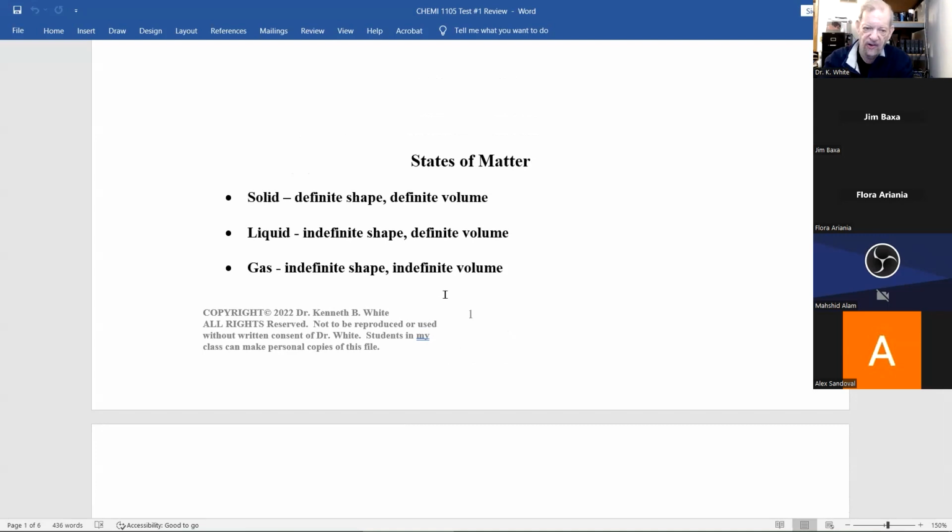You should also know a liquid has indefinite shape, but definite volume. And finally, a gas has both indefinite shape, indefinite volume. So if I have something in a black box, I tell you it has indefinite shape but definite volume, I ask what state of matter is it. Well, indefinite shape and definite volume, it's a liquid.